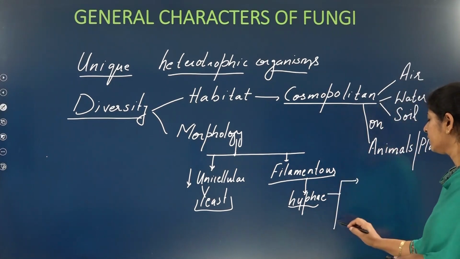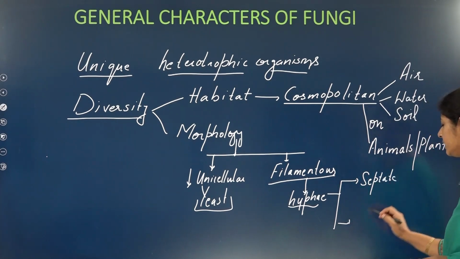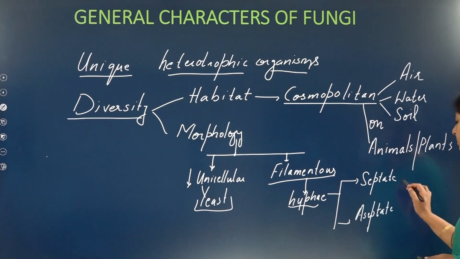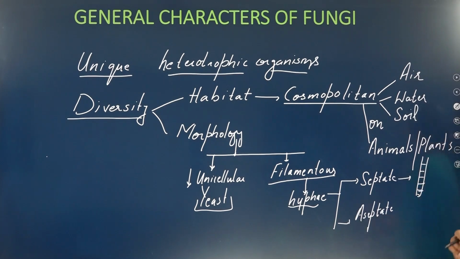Now, these hyphae can be septate or aseptate, right? Septate means these elongated structures have septa in between, meaning cross walls are there. If cross walls are present, can I say it becomes a multicellular structure?